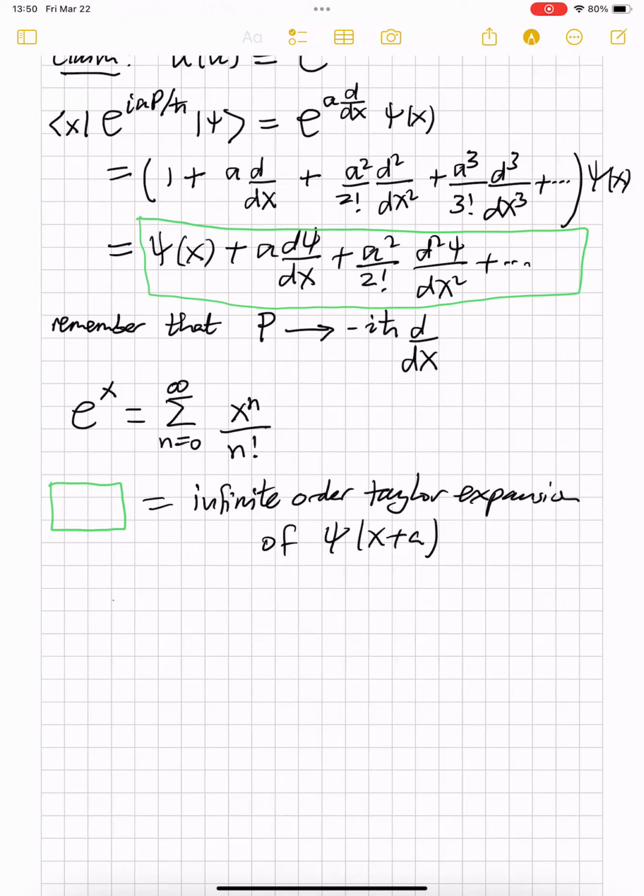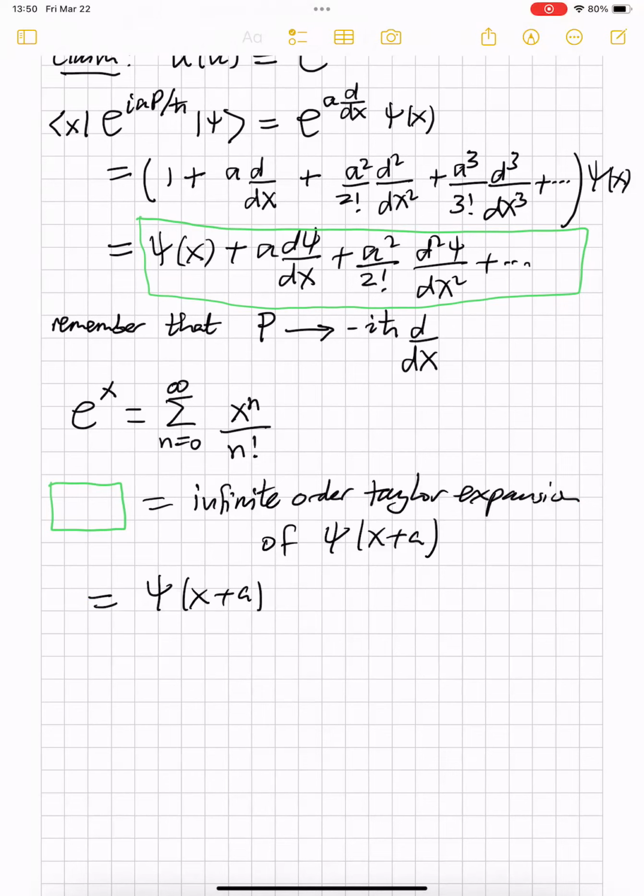So if you just take psi of x plus a and you expand in a, you'll get precisely the Taylor expansion that you see sitting over there. So the sum of the green box is psi of x plus a.